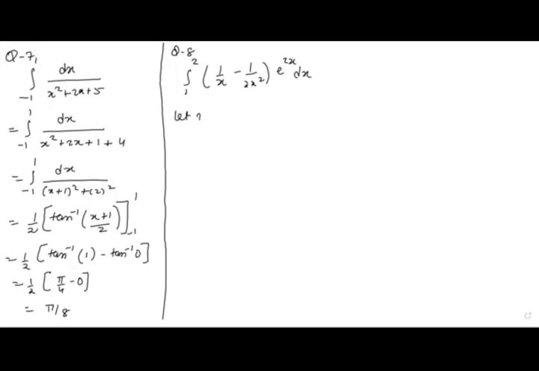So here I will assume 2x as t, 2 into dx by dx, dx will be dt, and dx will be dt by 2. Also, if I keep the value of x as 1, I will get a value of t as 2, whereas if my value of x is 2, I will get a value of t as 4. So this will be integration 2 to 4.